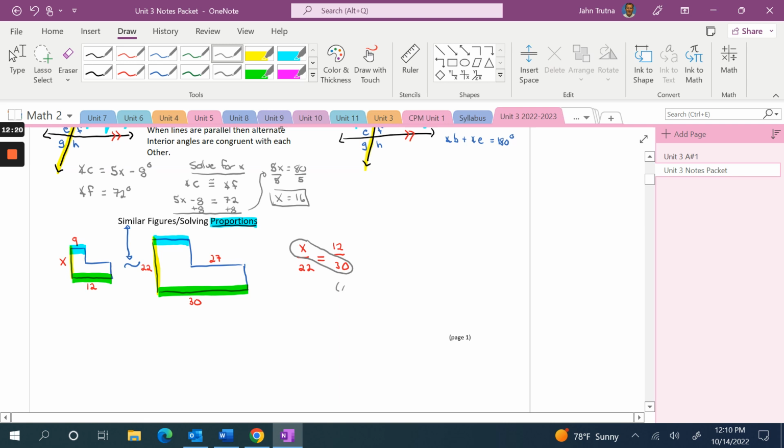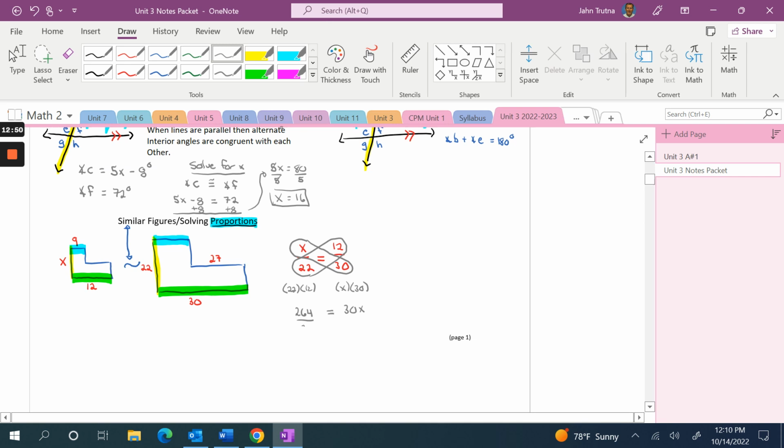We're going to multiply the x with the 30, which is 30x. Then we're going to multiply the 22 with the 12, and I'm using a calculator off screen here, 22 multiplied by 12 is 264. Whenever you cross multiply a proportion, the two results are equal to each other.